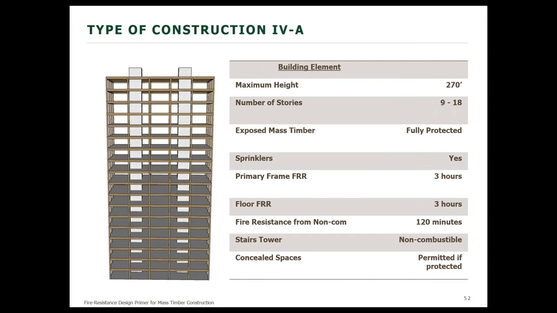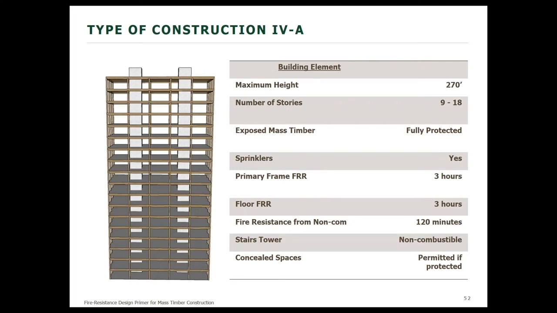This is the last of the graphics on the types of construction, for type 4A. Again, it shows this is the tallest of the types, recognizing the fact that all of the mass timber itself is going to be covered by substantial layers of drywall.